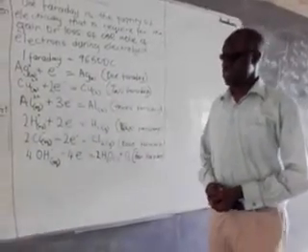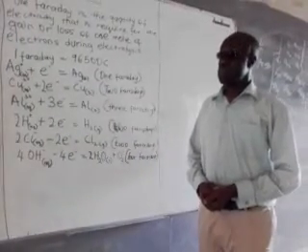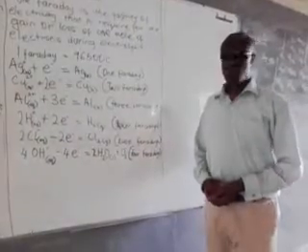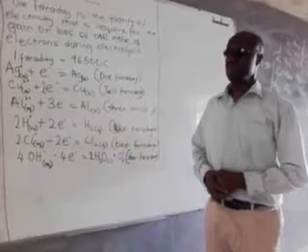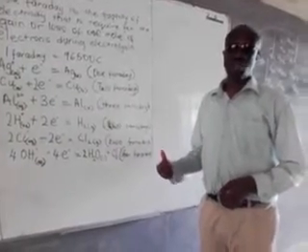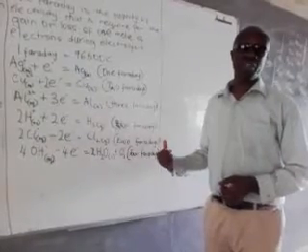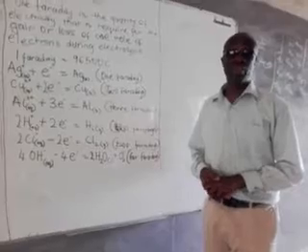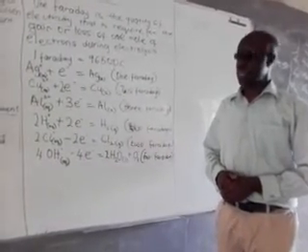Now let's see the equation, starting from hydroxide ion. 4 moles of hydroxide ion will lose 4 moles of electrons to give you 2 moles of water and 1 mole of oxygen. So how many Faradays are involved? 4 Faradays are involved whenever 1 mole of oxygen gas is given out during electrolysis.